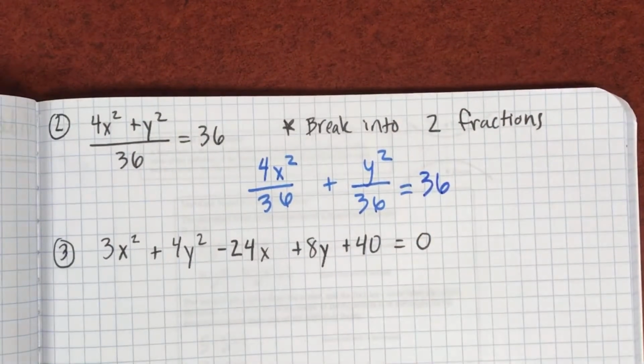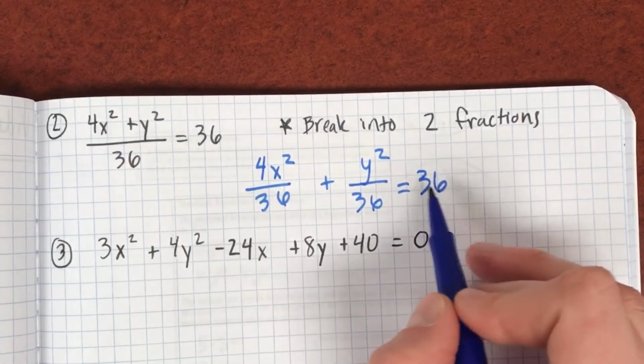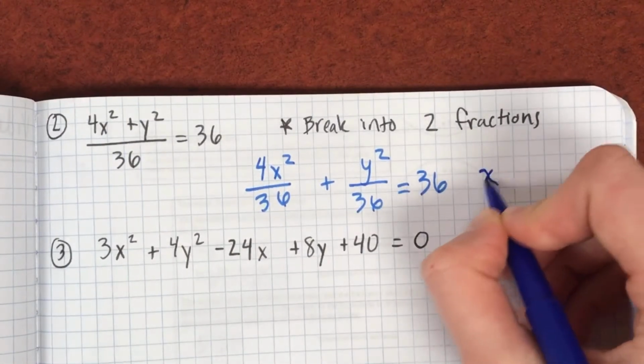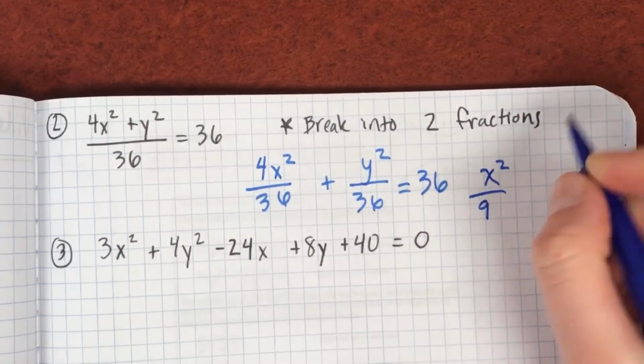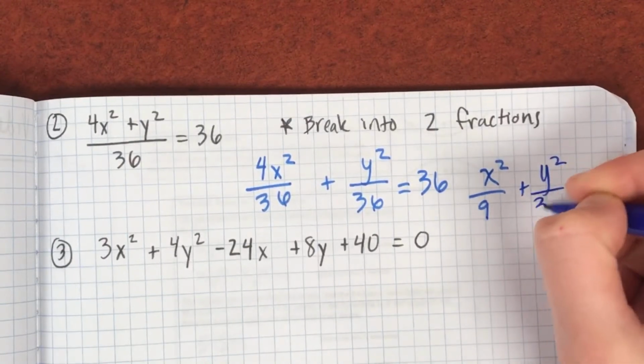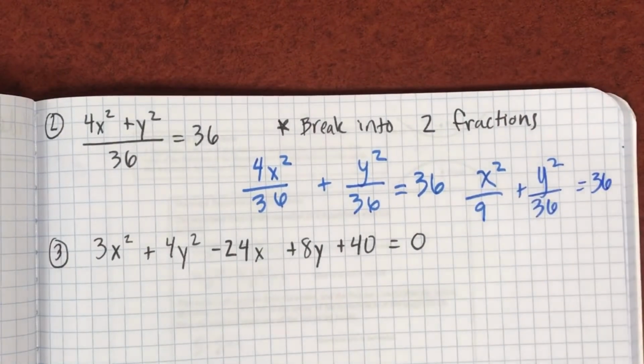From there we can simplify because we need this equal to 1. We would simplify and get x squared over 9 plus y squared over 36 equals 36. I'm sorry, equals 1.